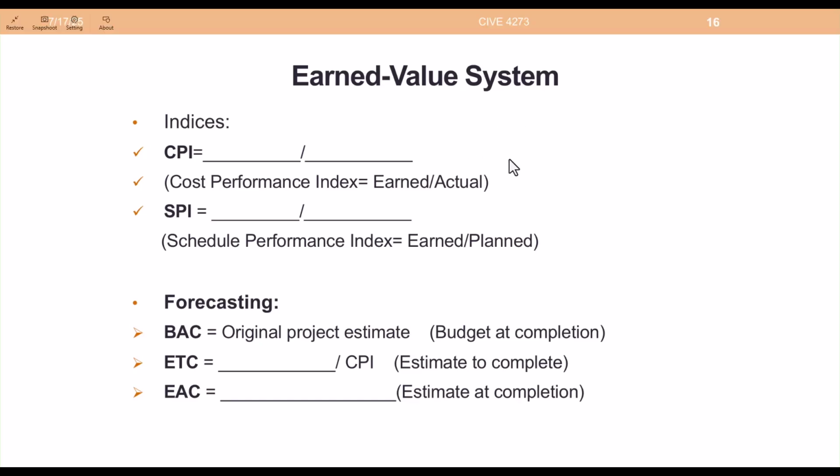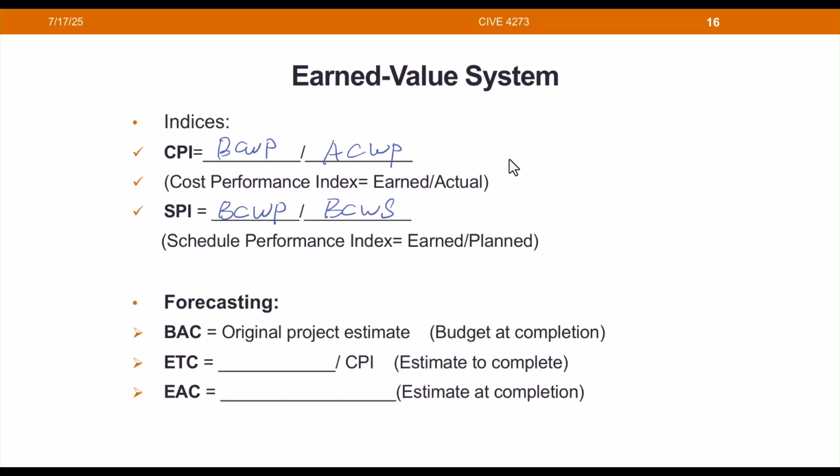Let me give you the formula for the CPI, cost performance index, which has the BCWP always as the first term, and since this is related to cost, we're going to use the actual cost of work performed. For the SPI, schedule performance index, we've got BCWP as the first term and the BCWS as the second term to get our CPI and SPI.